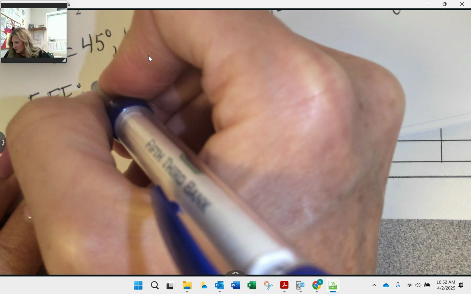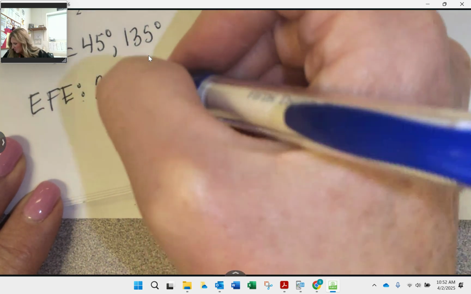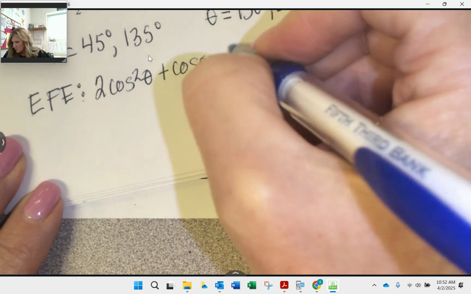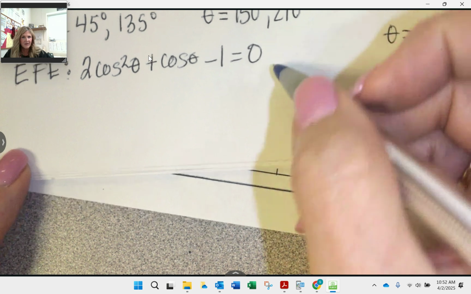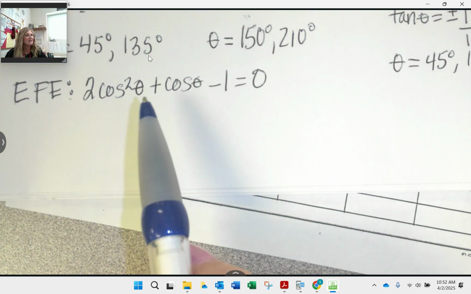So what if I gave you 2 cosine squared theta plus cosine theta minus 1 equals 0? And I want to know theta between 0 and 360 that would make this work.